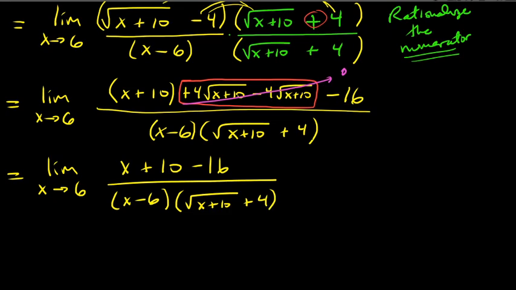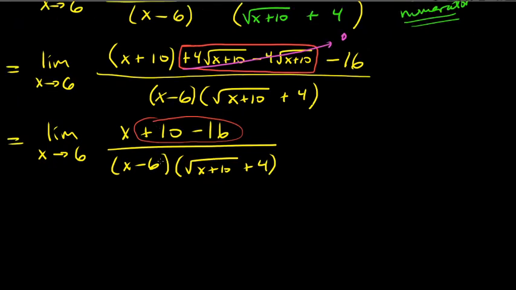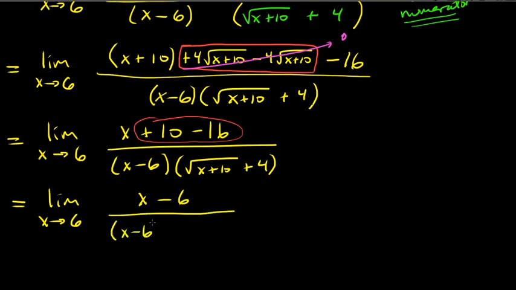And you can see the only thing we have to do in the numerator is take 10 minus 16. 10 minus 16 is just negative 6. So now we still have to find the limit as x approaches 6 of x minus 6 divided by x minus 6 times the square root of x plus 10 and then plus 4.